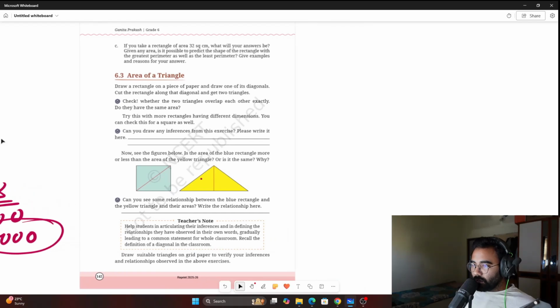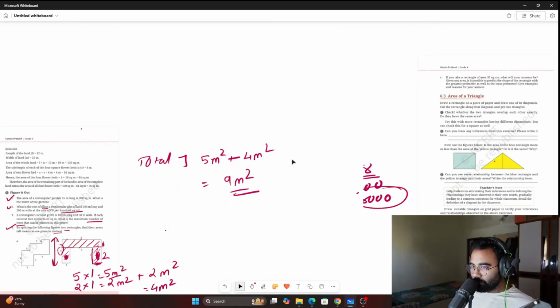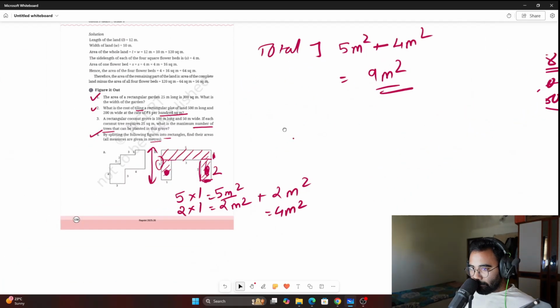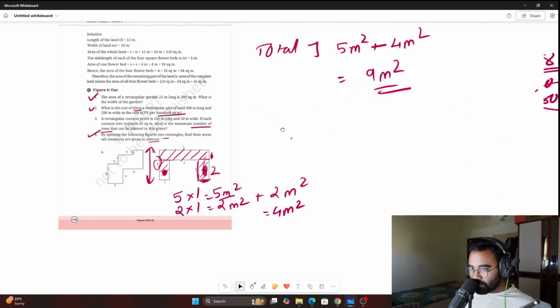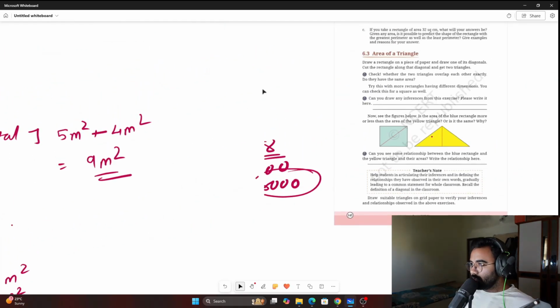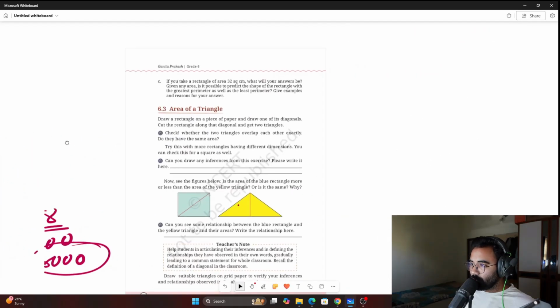If you take a rectangle of area 32 meters square, what will your answers be? Is this connected to the previous question? A, B, and this is C. Obviously it is connected to the previous one.